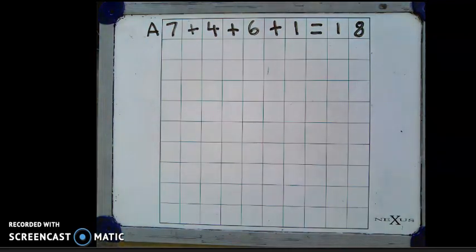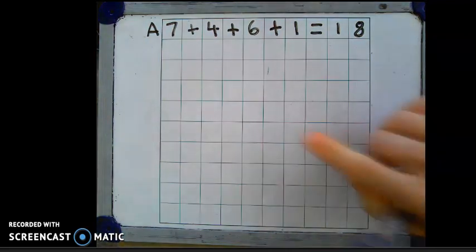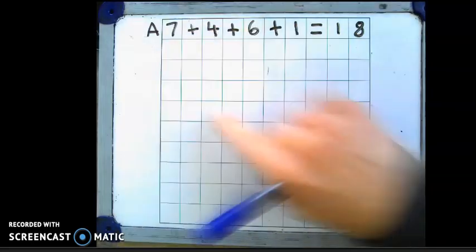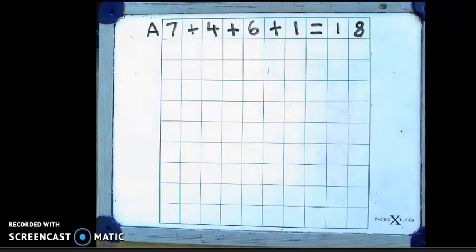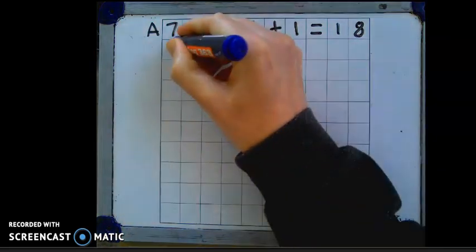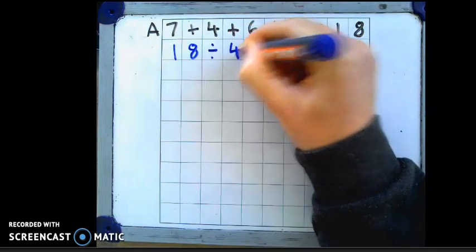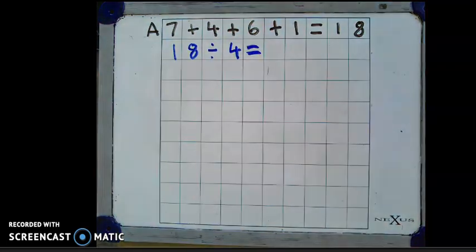Step 2 for calculating the mean is to divide this total by the amount of numbers we added up. And as you remember, we added 4 numbers together, so that means step 2 will be 18 divided by 4. Now I know from my 4 times table that that's not going to be a whole number as an answer.